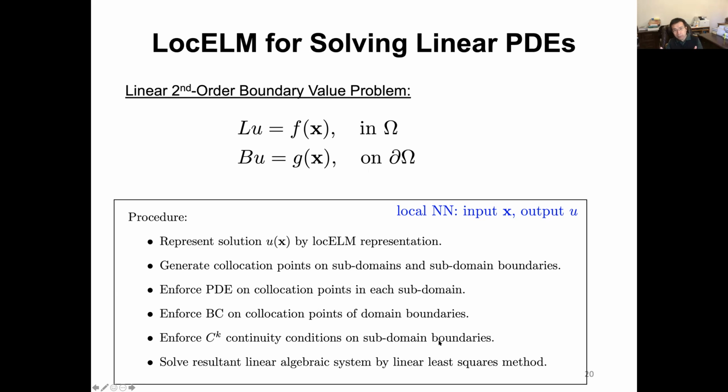Now, this will give us a set of linear algebraic equations about the training parameters, or expansion coefficients, of the output layer. Now, this system is usually not square. So we use the linear least squares method to solve this system for the values of the training parameters. So that's the basic idea.